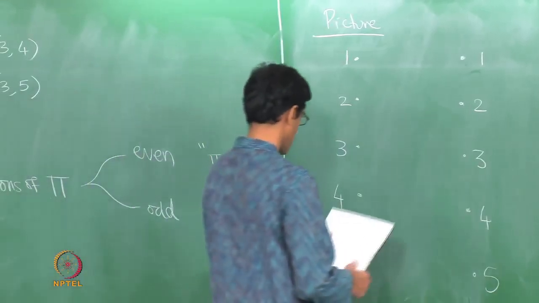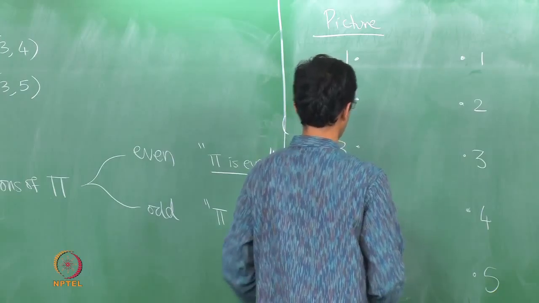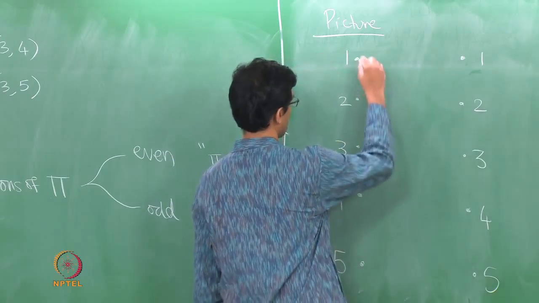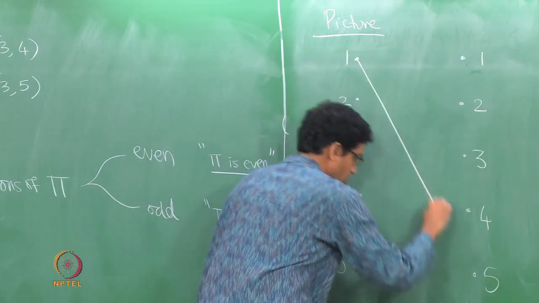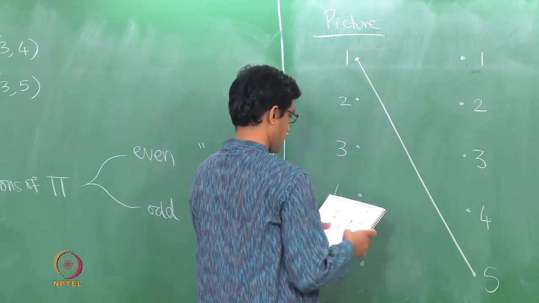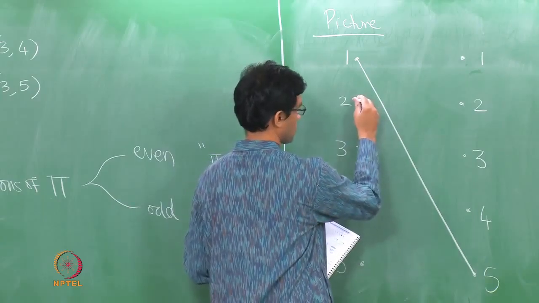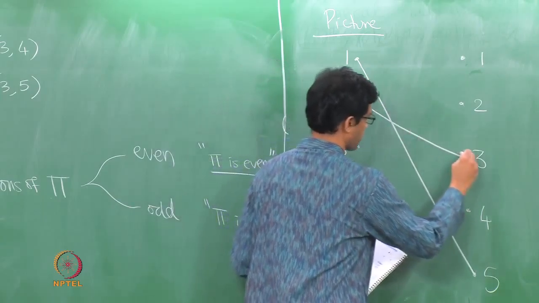So pi sends 1 to 5. I will draw it as close to a straight line as I can. Pi maps 1 to 5. What does it do to 2? It maps it to 3. So 2 goes to 3.